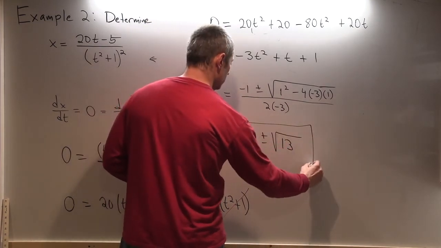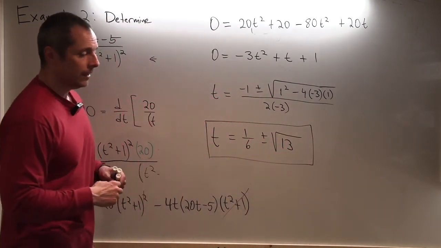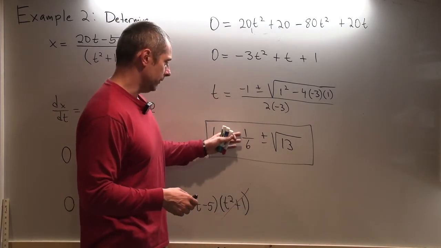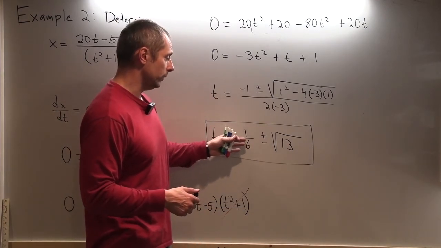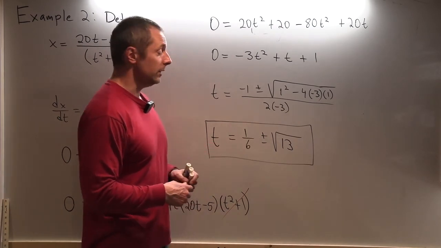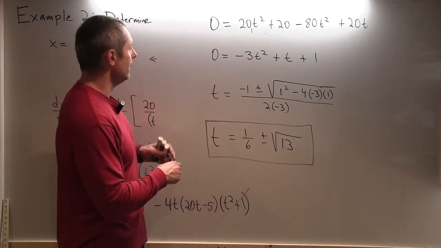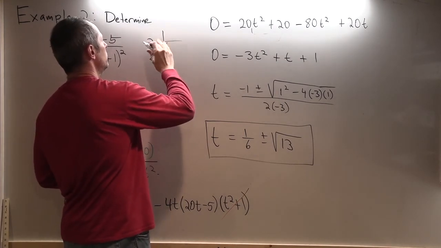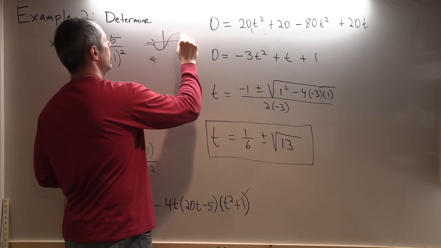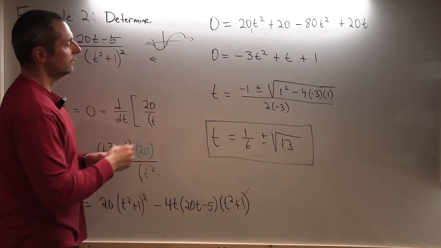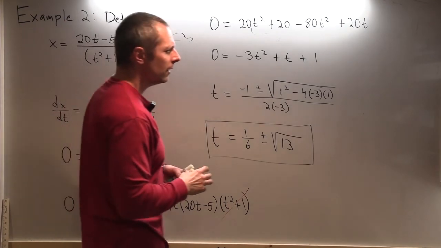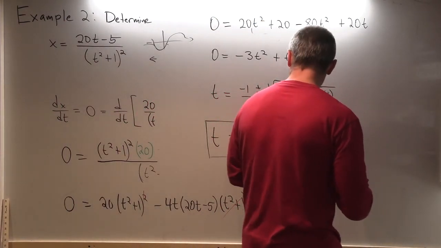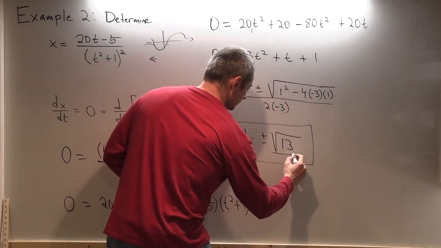So there are the two roots, one of them being negative, because radical 13 is like 3 point something. And this is less than 1, so we have plus or minus 3 point something from 1/6. So that gave us, as I said before, our negative root and our positive root, right? So there they are. All right, oh, I forgot the 6 here.